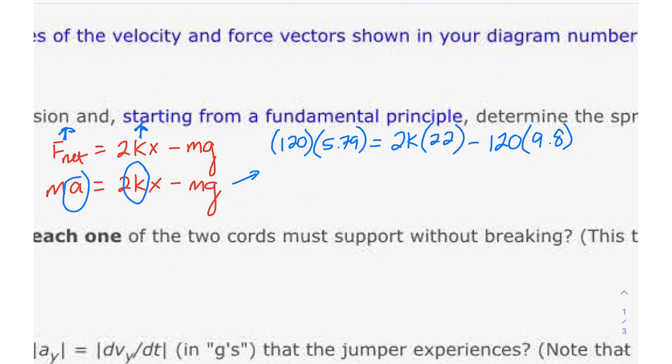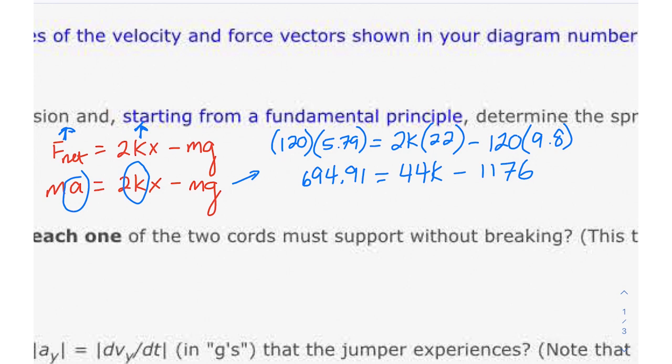And so now we can see that we have enough to actually solve for k in this question. And to do so, we're just going to plug in and rearrange. So here, this would be 694.91 equals 44k minus 120 times 9.8, which would give us 1176.